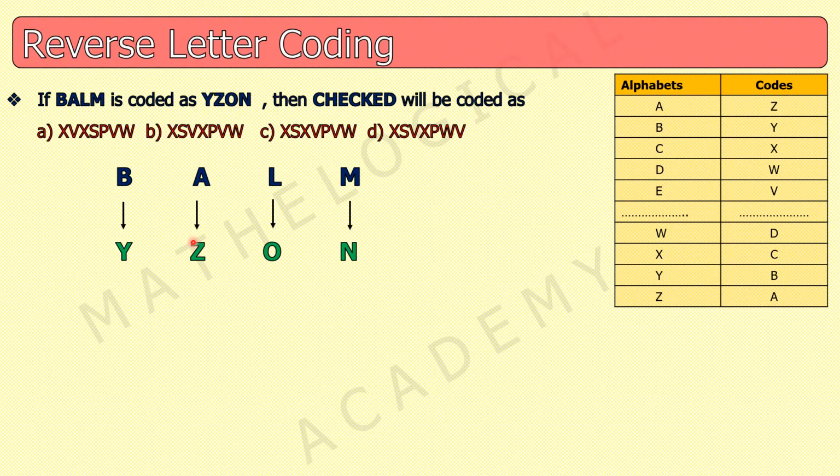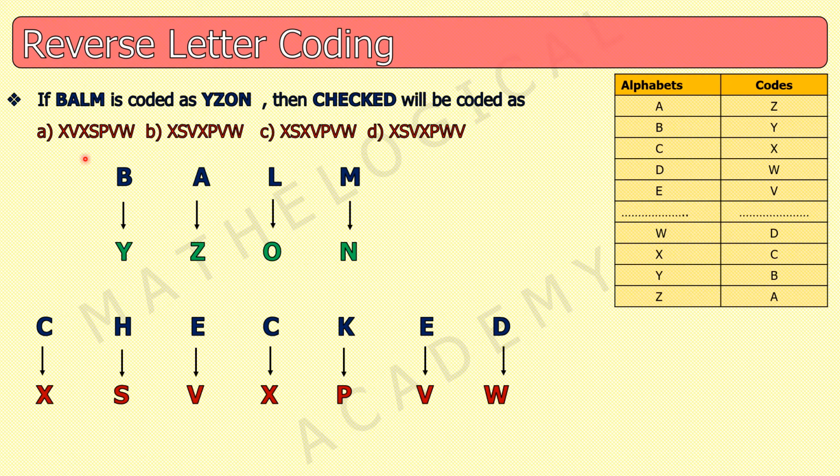Still, we'll cross check with M and L, so that L is 12th number, O will be 12th from back, M 13th, N is 13th from back.